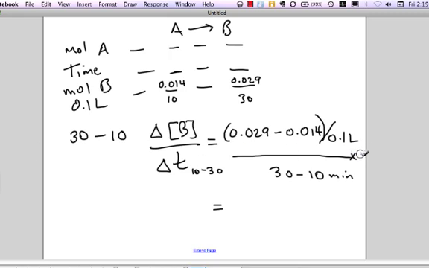So minute needs to be on top, 1 minute, 60 seconds. So you got to divide by 60. And when you do the math, subtract that, divide by 0.1, divide by 20, and then divide by 60, you get the answer, which is 1.3 times 10 to the minus 4 molarity per second.